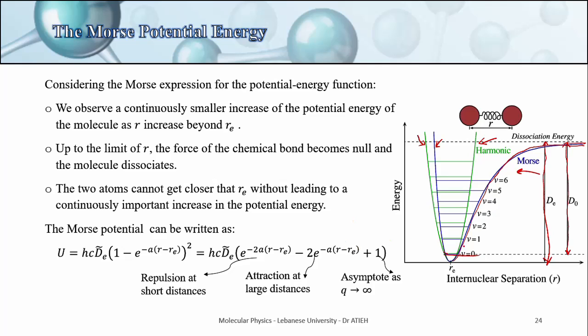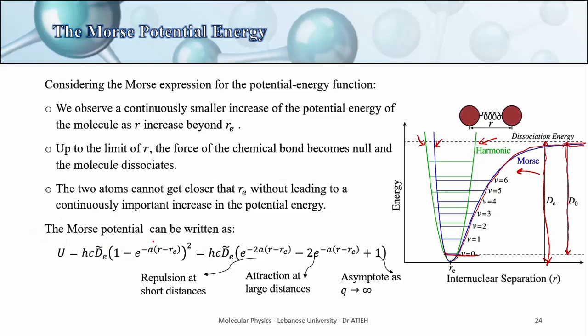At low levels, nu equals 0, nu equals 1, nu equals 2, the difference between the green and the blue is not very large, so we can say they are approximately close. But at large values of R and small values of R, the difference appears clearly.